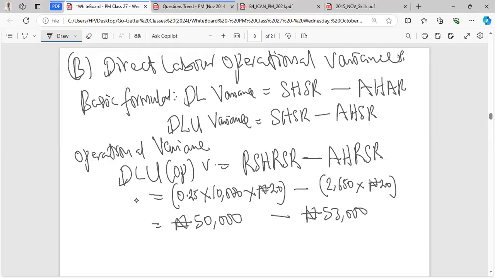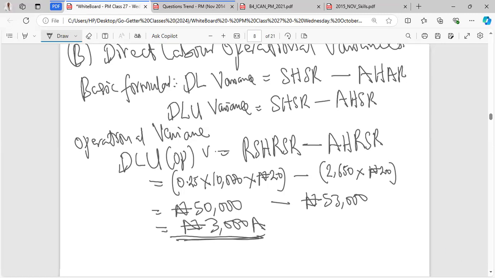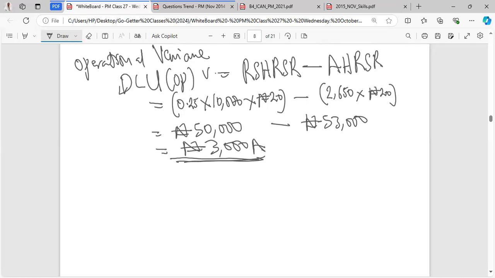Okay, so what it means here is that this is going to give us 3,000 adverse. So operational usage variance, it means that the operational manager is not that efficient. He didn't use it well.